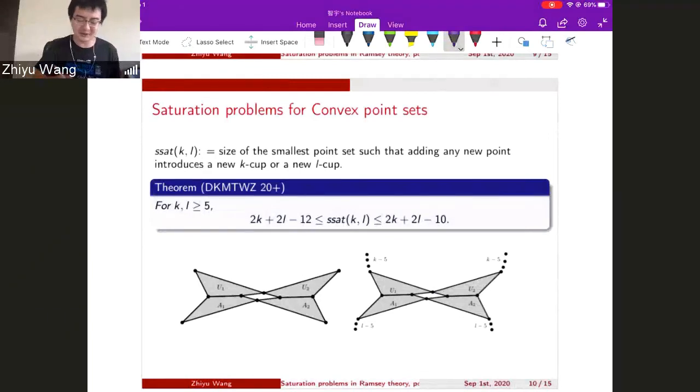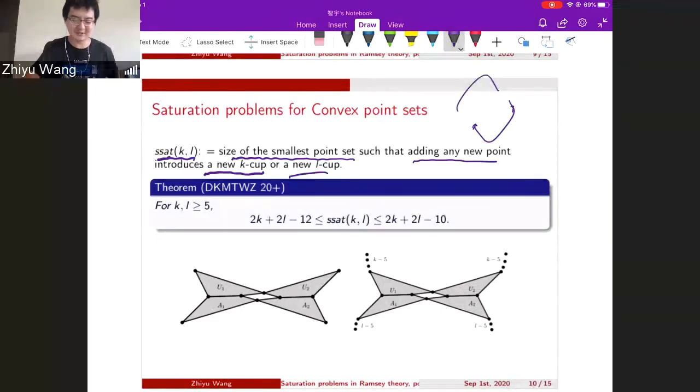It's also easy to define the saturation number. Here we can define both semi-saturation and saturation number. It's the size of the smallest point set in a plane such that adding any new point will either give us a new k-cup, a cup being something like that, points in convex position, or a new l-cap.